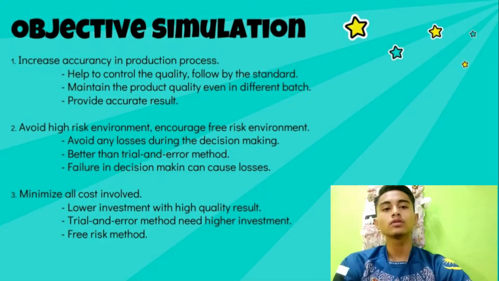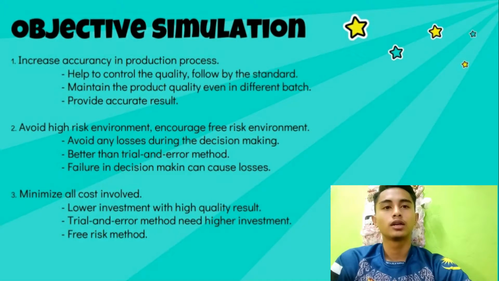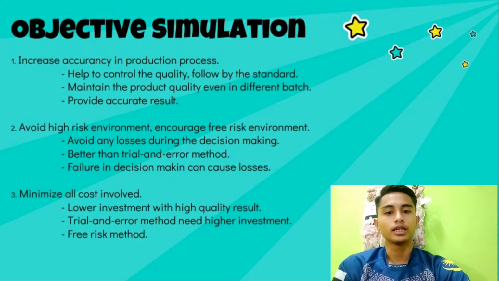For example, an accurate result can make the expiry date longer. Second, when ZARA does the simulation process, they can avoid high-risk environments. This is to avoid any loss during decision making. For example, they must choose a simulation process that is better than the trial and error method, to avoid high-risk losses during decision making.